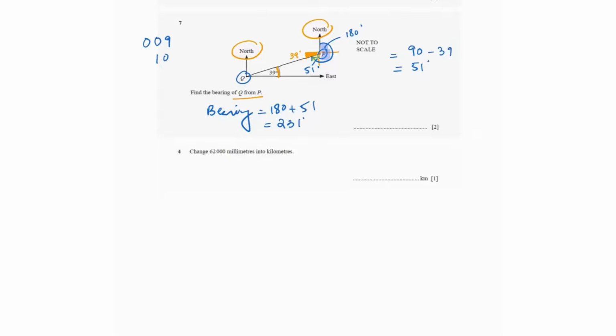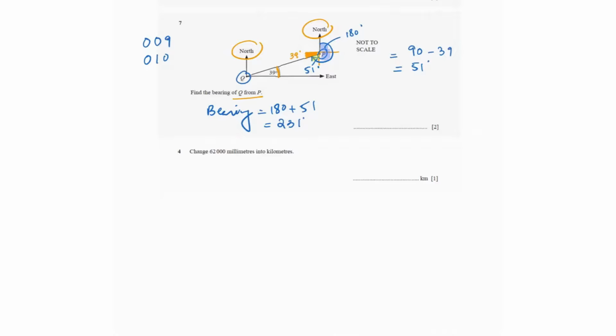If it's 10, you will write it as 010, not just 10. So it's always written as a 3-digit number. It's always measured in the clockwise direction from the north. And from P means, when it says from some point, you will draw the compass at that point and measure the angle from that point, not at the other point.